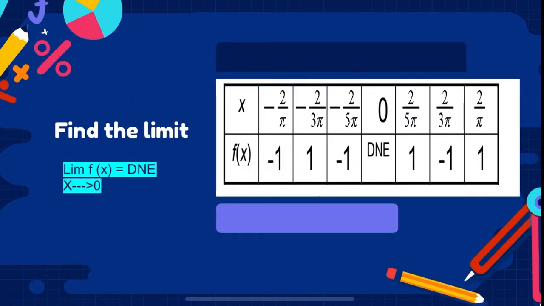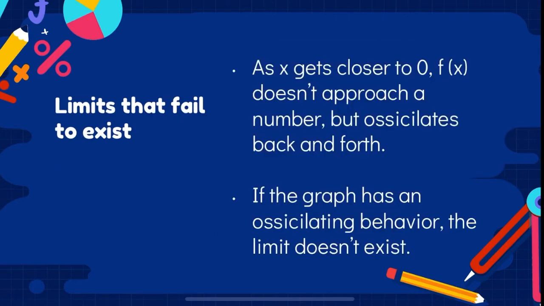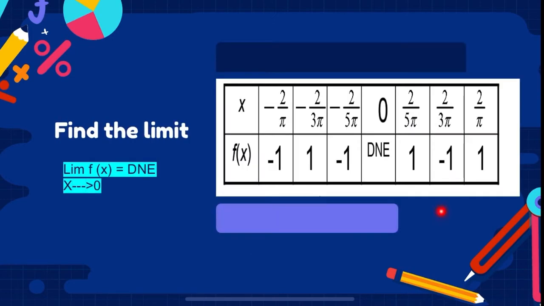So here it's oscillating negative 1, 1, negative 1, 1. If the graph has an oscillating behavior, the limit doesn't exist at all. So here, because it's oscillating, the limit doesn't exist when x approaches 0.